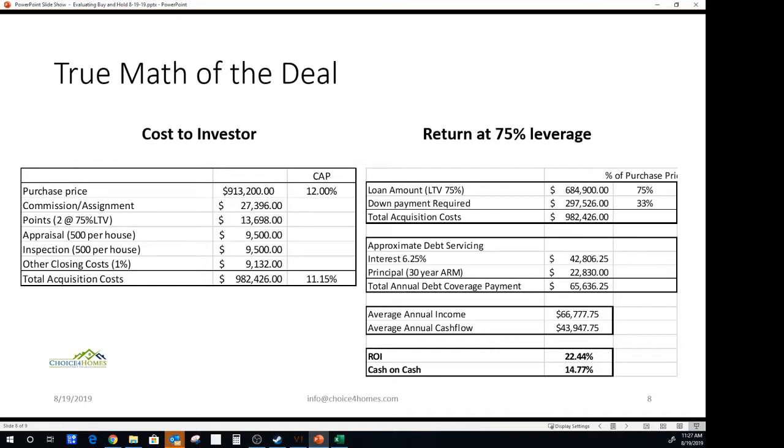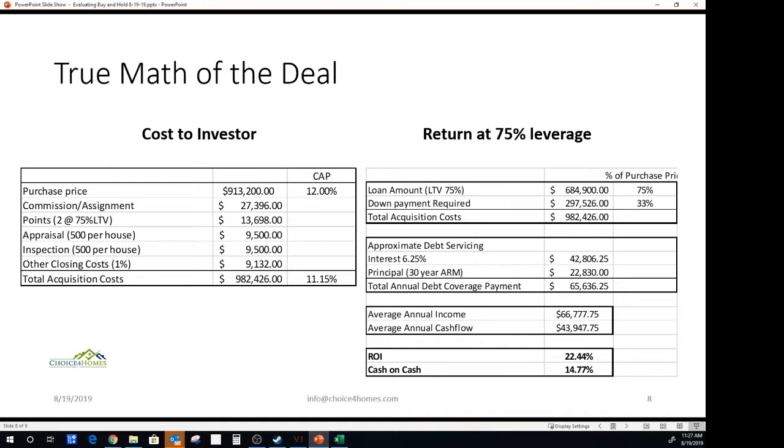So your down payment required would actually be more than 25% of the purchase price. It would be 25% of the purchase price plus all of your acquisition costs, which actually gives you basically $300,000 is what you would need to bring to the table to close this deal. So I hope this is clear for now, because next we're going to talk about ongoing expenses.